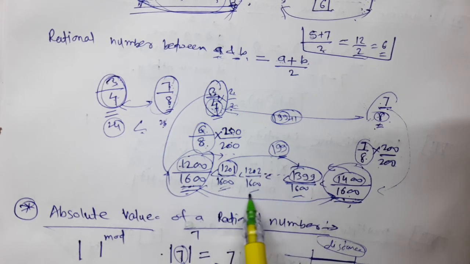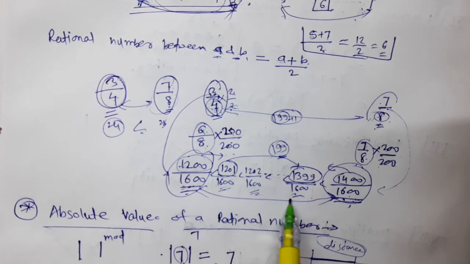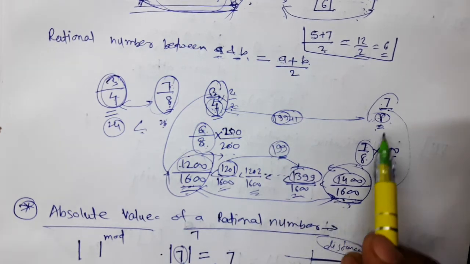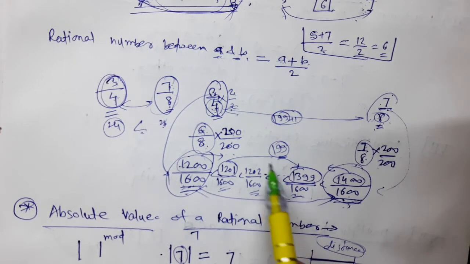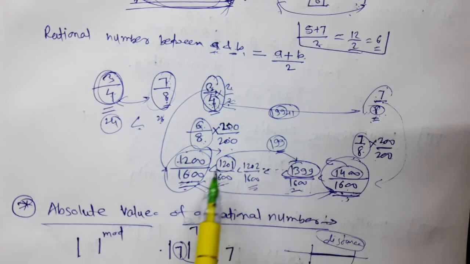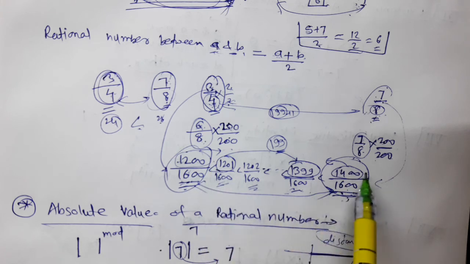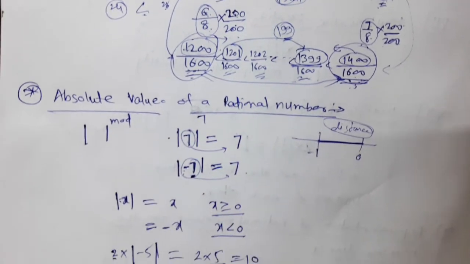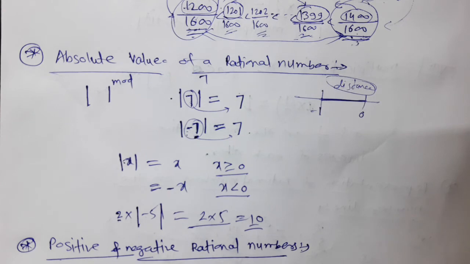These numbers are in between 3 by 4 and 7 by 8, and their count is 199. Suppose we have to find 10,000 numbers, then multiply numerator and denominator both by 10,001. So we will get 10,000 numbers in between those two rational numbers.